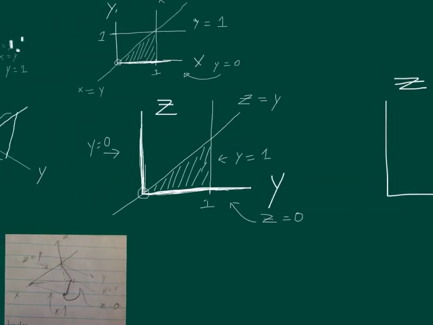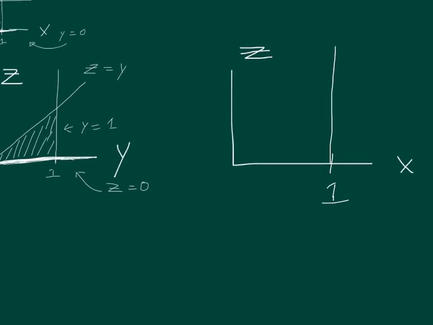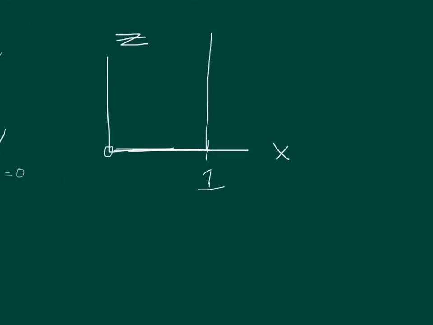Now when we look at our equations in z, there is z is equal to 0, which we can easily graph. Z equal to 0, assuming that's the origin, would be the equation of the x-axis in this particular case. So I'll go ahead and denote this really quickly. x is equal to 1 and z is equal to 0. There you go.